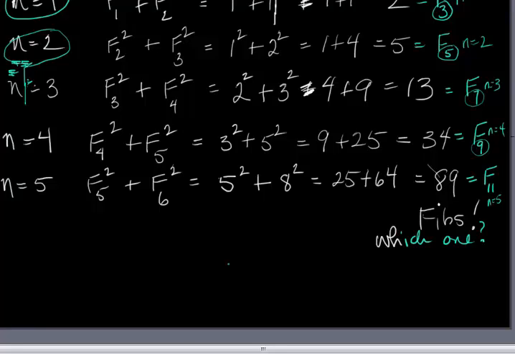So it's twice n plus 1. I'm much more experienced, so I would see it that way, and I would write F sub n squared plus F sub n plus 1 squared is equal to F sub 2n plus 1.